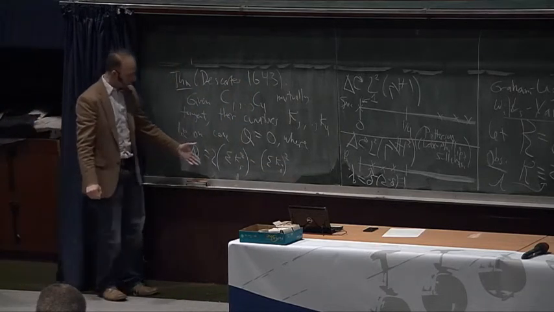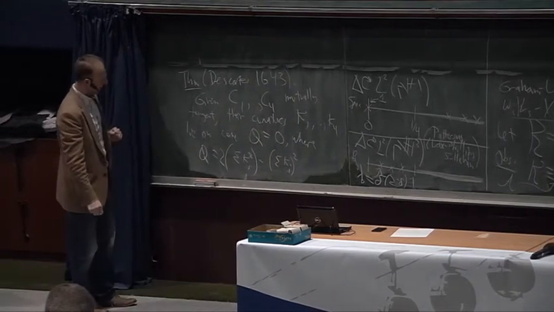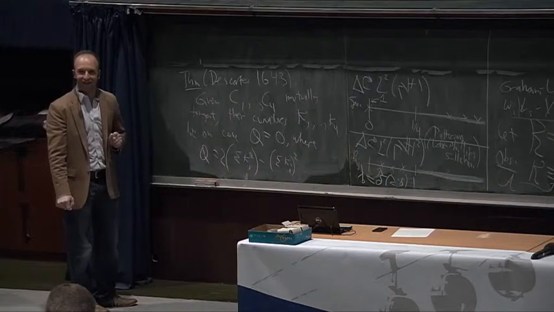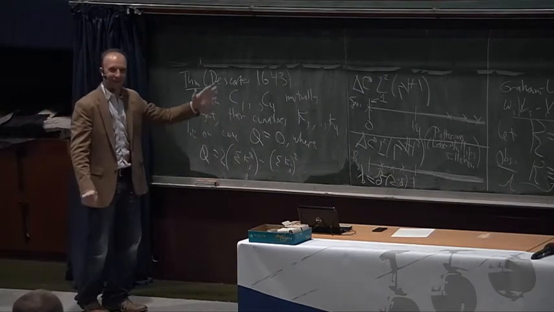So this is an integral quadratic form in 4 variables. What do you think its signature is? 3-1. It has to be hyperbolic 3 space, right?